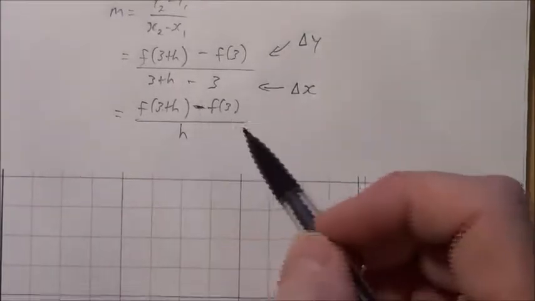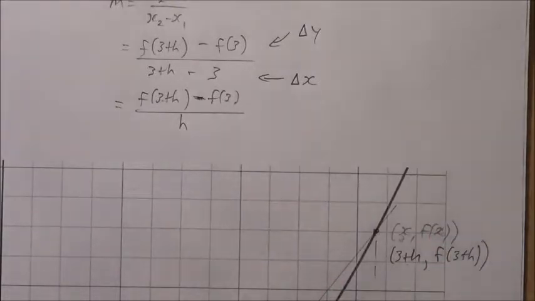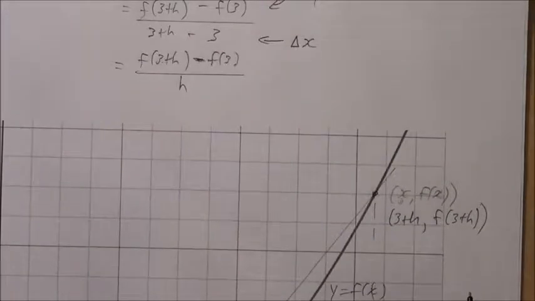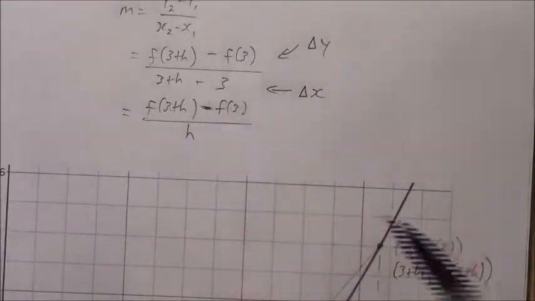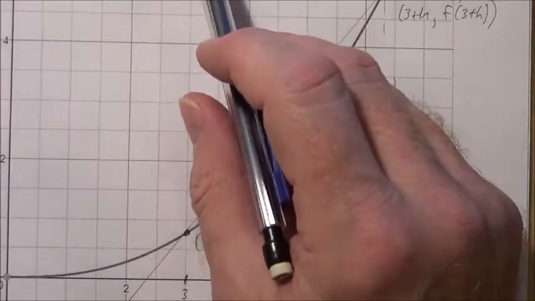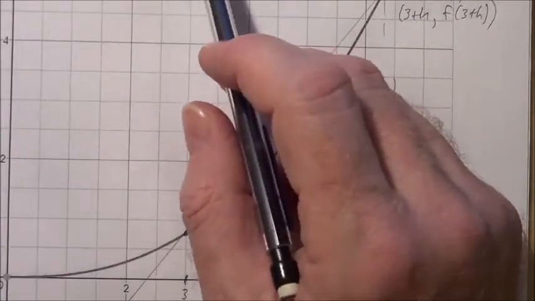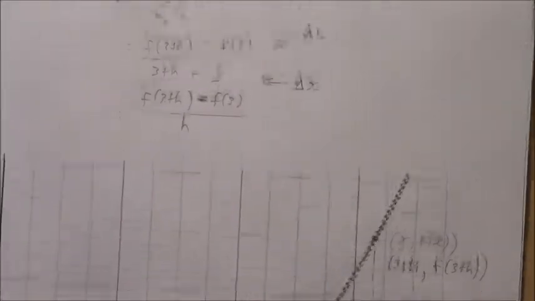This will be more useful when we see the actual function we're using, when we can substitute the 3 plus h into it and do some simplifying. But this is just the general gist of things.